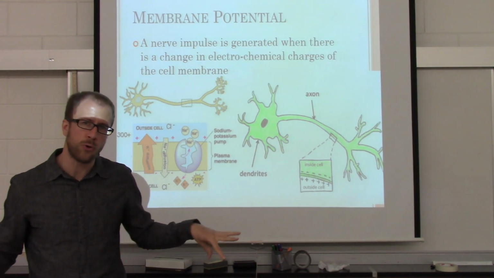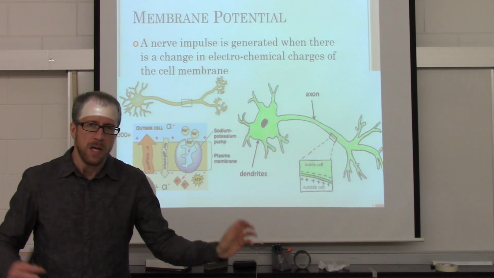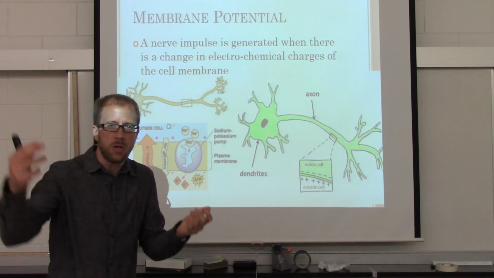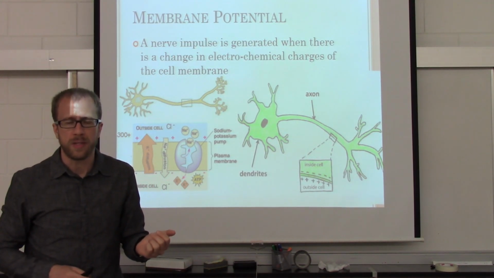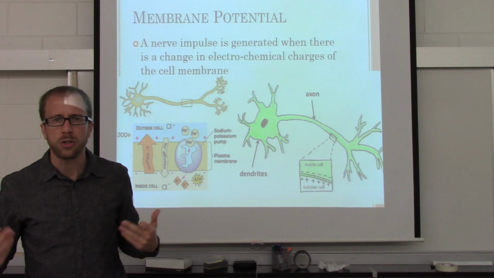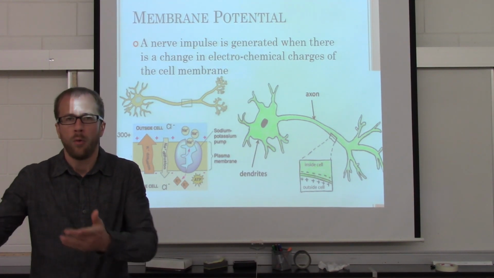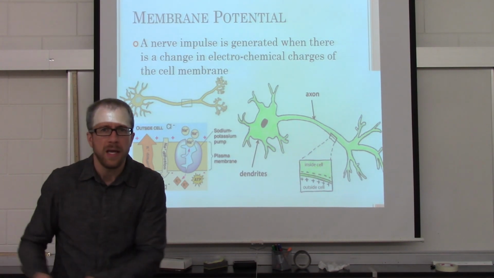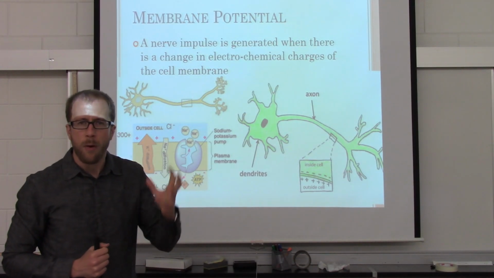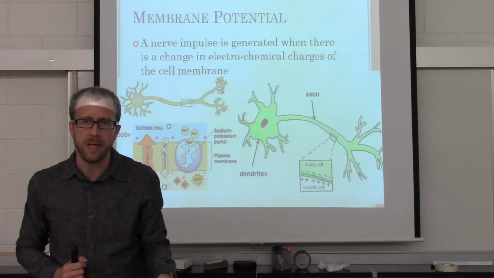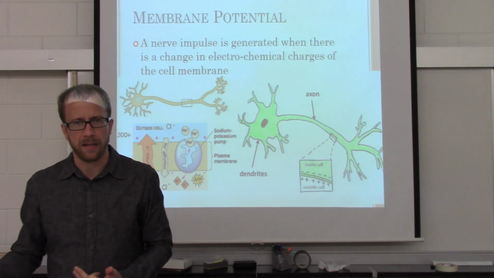Let's look at that electro part first. So when we pump out 3 sodiums and pump in 2 potassiums, what are we doing to the charge of the membrane? We're taking 3 positives and pumping them out, and we're taking 2 positives and pumping them in. What is the net effect?